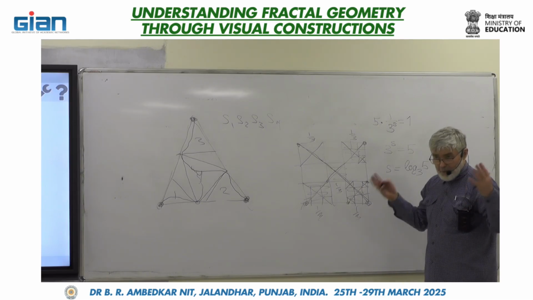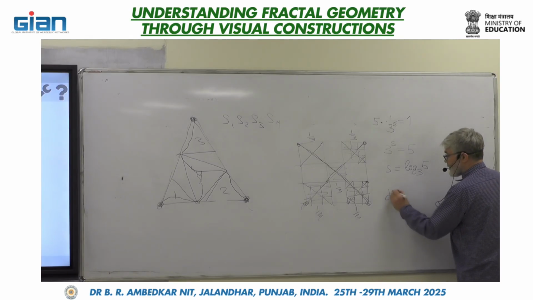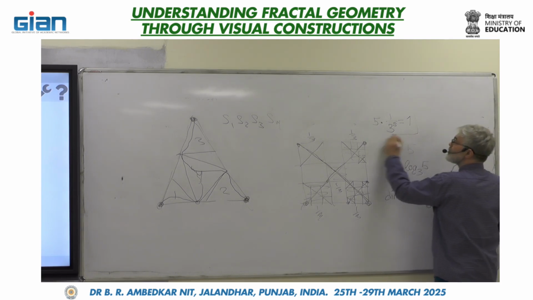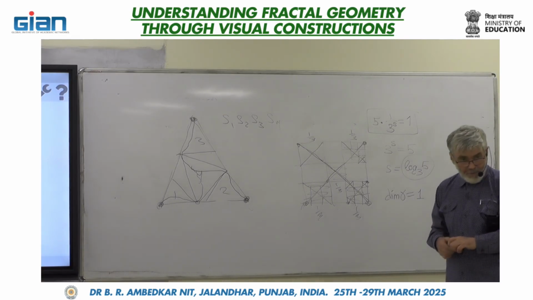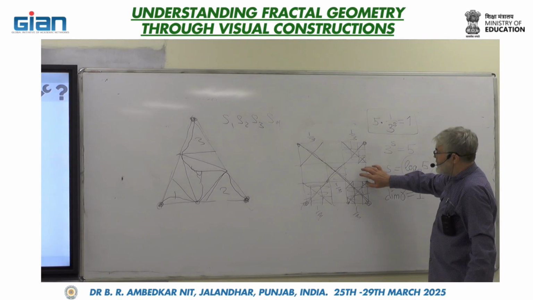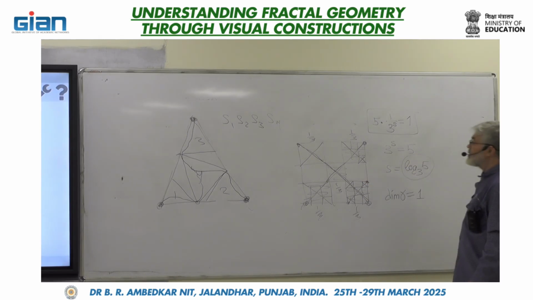Therefore, it has dimension 1. You see, the dimension of the main tree is equal to 1, and the dimension of the whole dendrite is equal to logarithm of 5 with respect to 3.